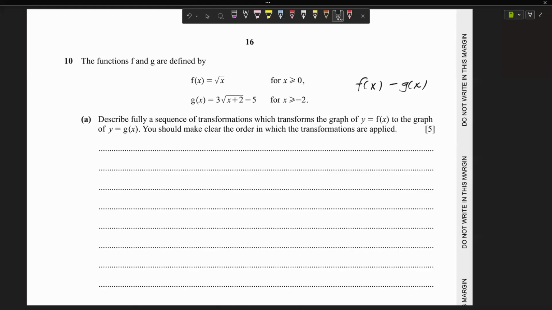All right, so we can say that g of x is like 3 of f of x plus 2, minus 5. It is essentially a series of transformations that can be written in function notation like this, because f of x plus 2 is this, times 3 is this, minus 5. If we start from the inside, that's the translation.